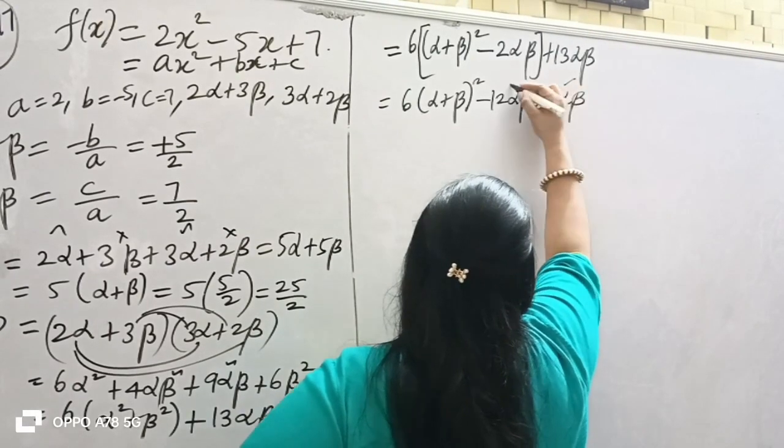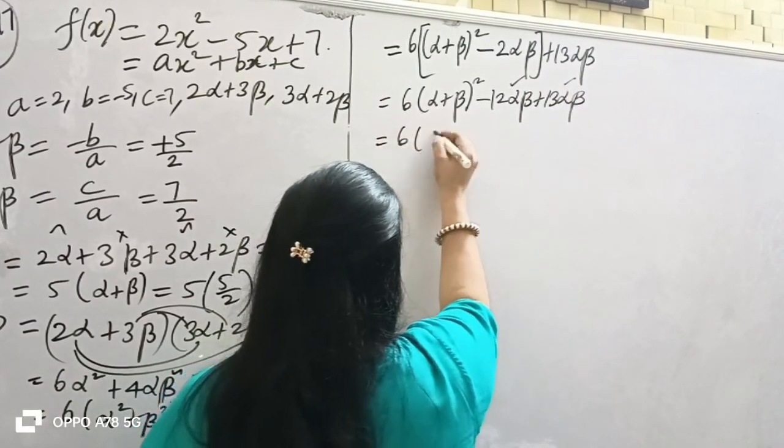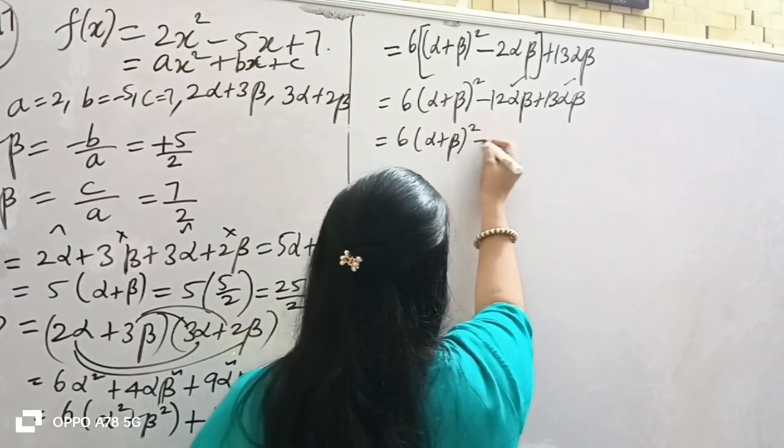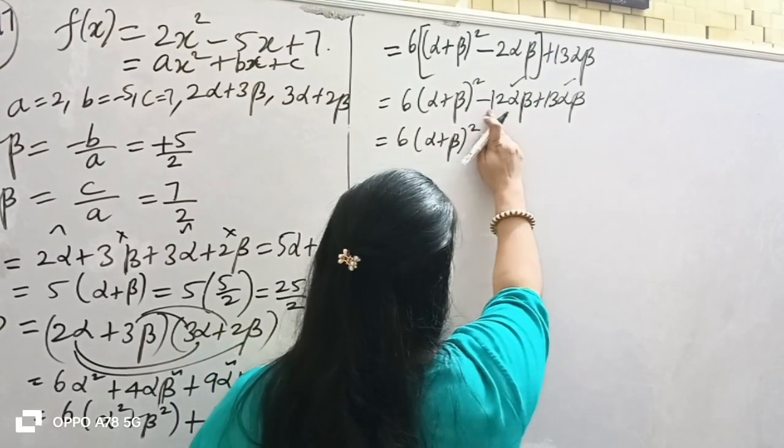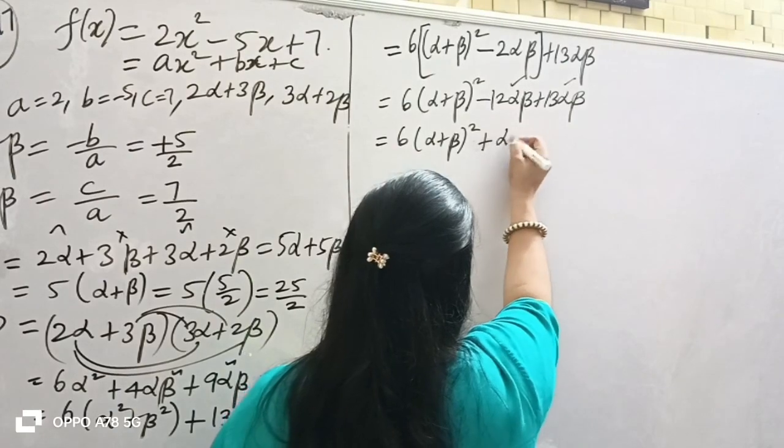Okay? Two alpha beta terms are there, so simplify those two. Minus 12 plus 13, what will it be? 1.